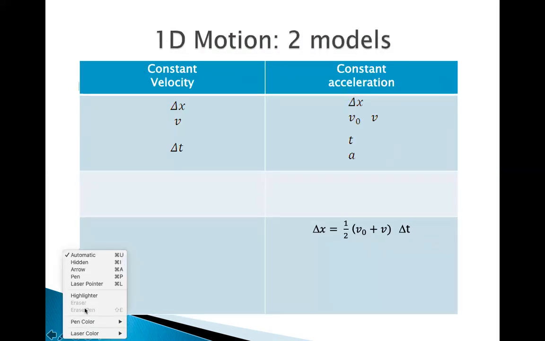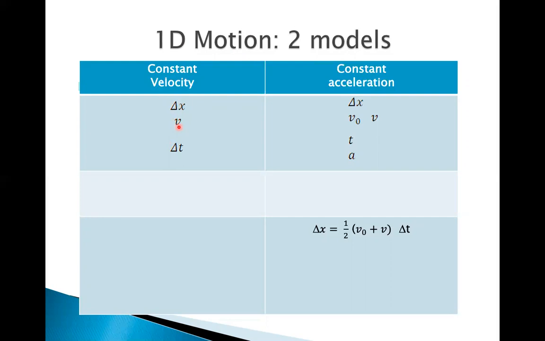I'm going to use a laser pointer for this. So, two models for one-dimensional motion. On the left, we have three different properties to characterize motion with constant velocity. This v is a constant in the duration of the motion, which means it doesn't change.